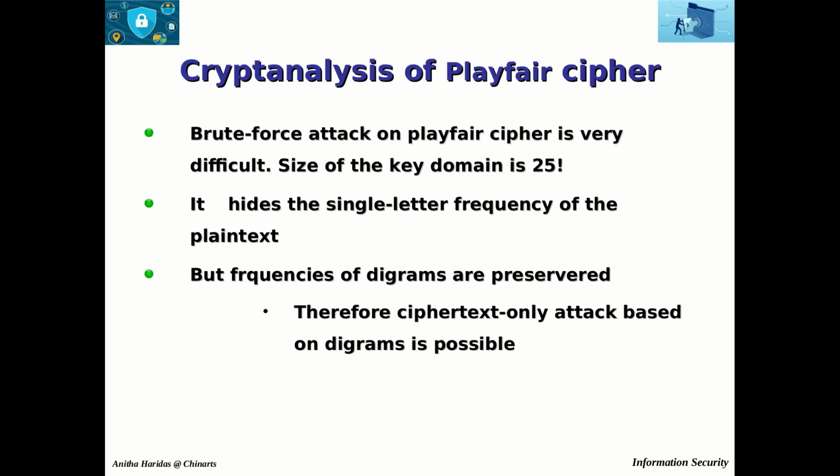So 25 factorial will be the key domain, which is a large key domain, and it also hides the single letter frequency of the plain text, right? But here the frequencies of the digrams are preserved. So therefore we can say a ciphertext-only attack based on digrams may be possible for the Playfair cipher. So that's about the Playfair cipher.